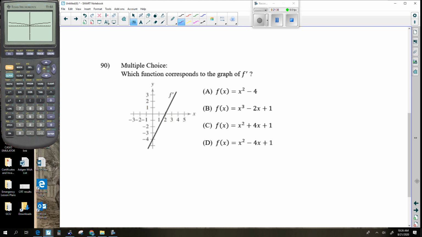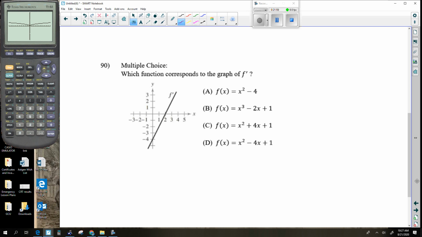All right. Number 90. Which function corresponds to f prime? If f prime is that, that is the slope of the function.